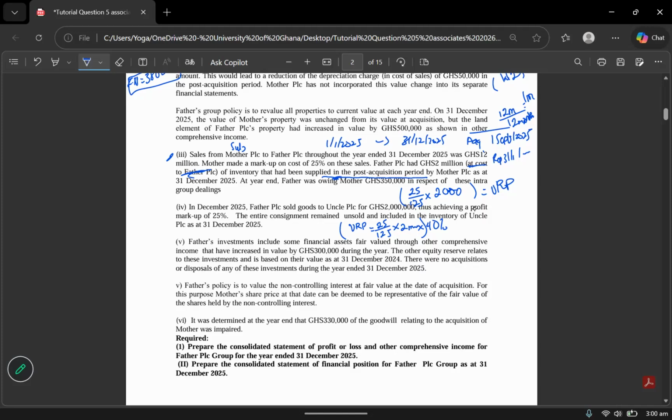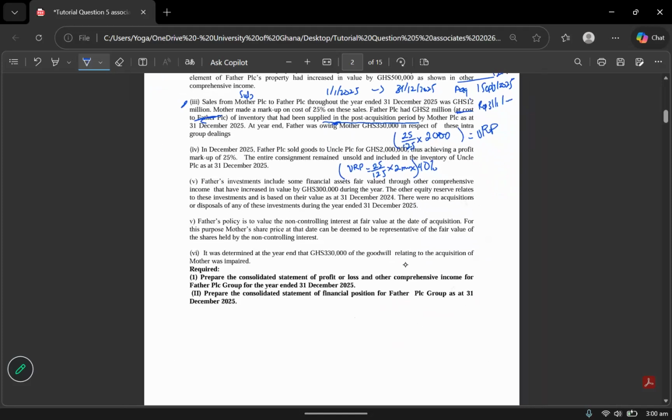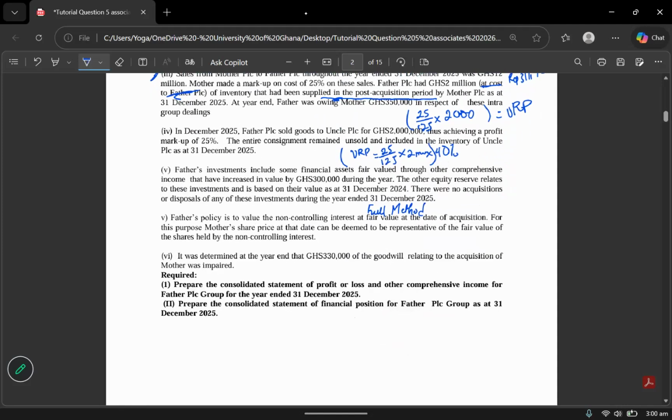All right. Now, Father's policy is to value, this one I've explained it already. When they say that the policy is to value non-controlling interest at fair value, it means that in the goodwill computation, you use the full method. In that case, impairments will be treated in both the parent and the non-controlling interest.